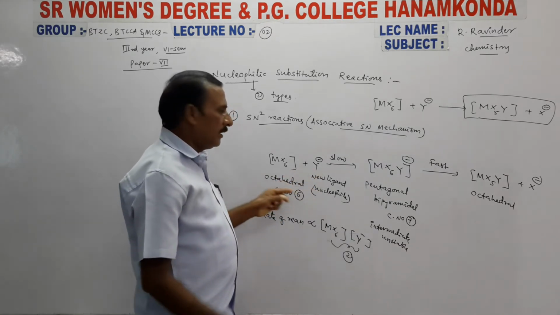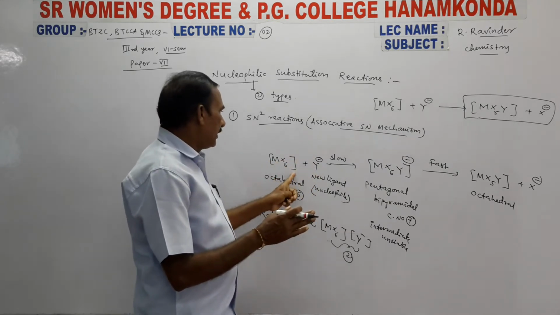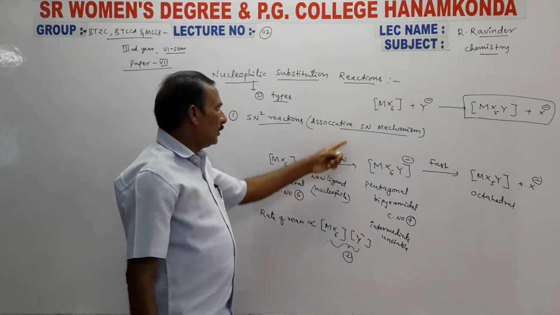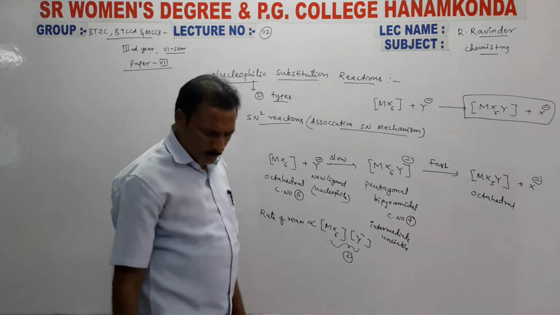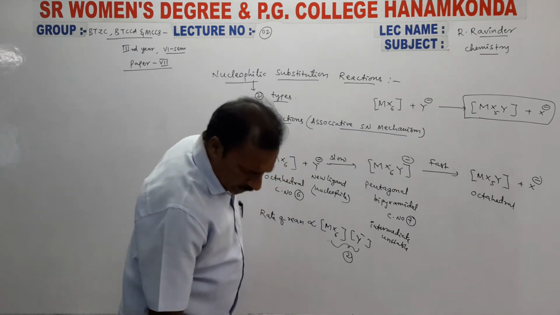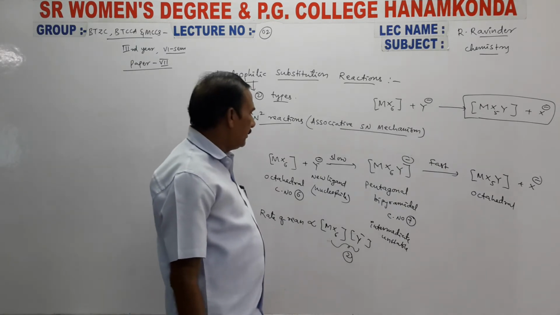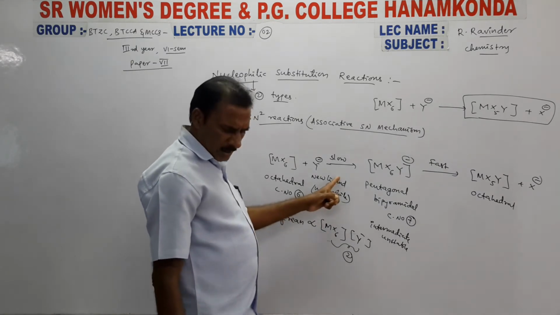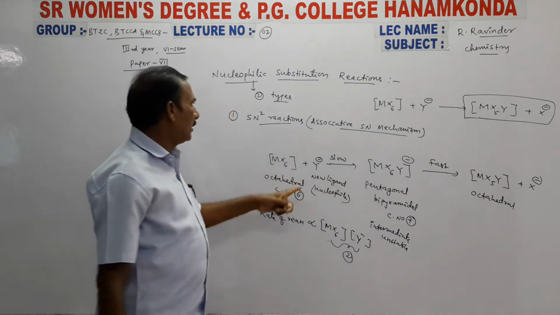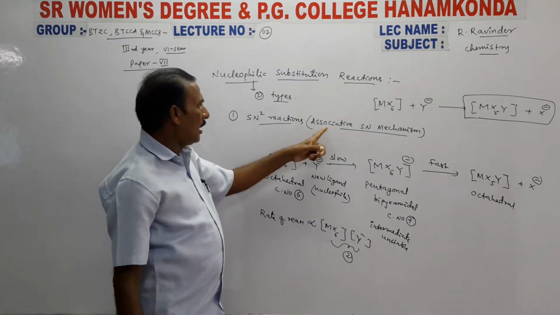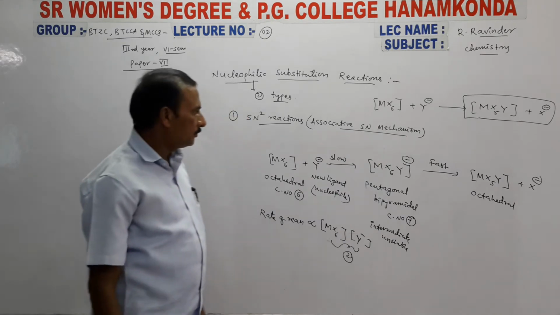The Y minus ligand is first associated with the MX6. That's why this nucleophilic substitution reaction is called the associative mechanism, associated with the complex. Hence, SN2 reactions of complexes are also known as associative nucleophilic substitution reaction mechanism.